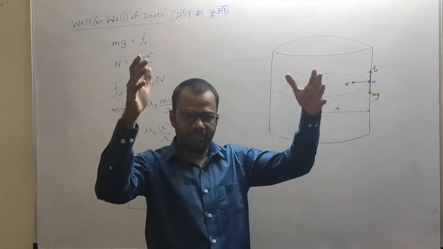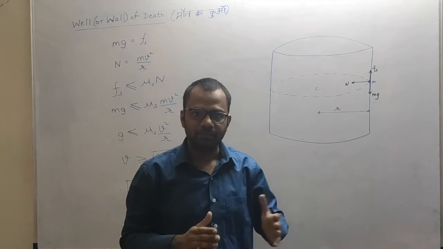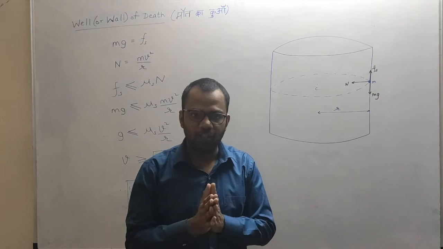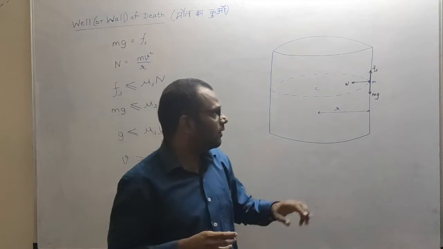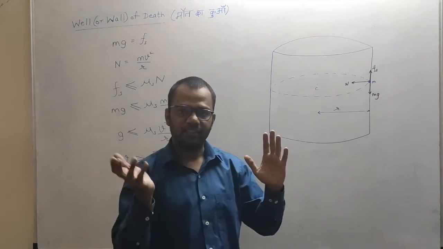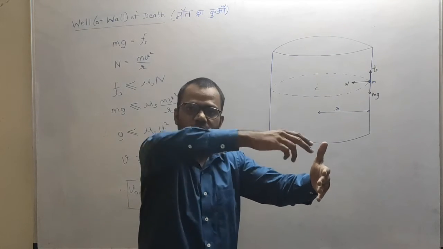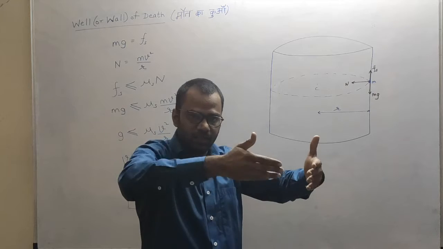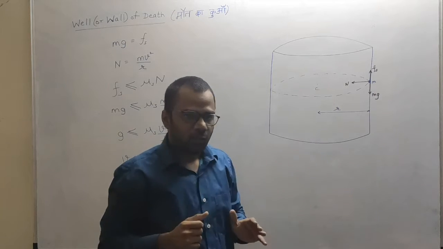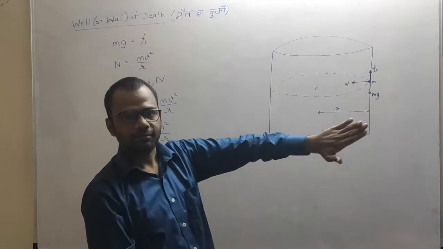The cage may be cylindrical in shape or it may be spherical in shape. Now we are going to study the physics behind that. Now I have shown this cylindrical cage, and the stuntman along with his vehicle is performing circular motion inside that cage, such that his vehicle's tires are in contact with that cage.